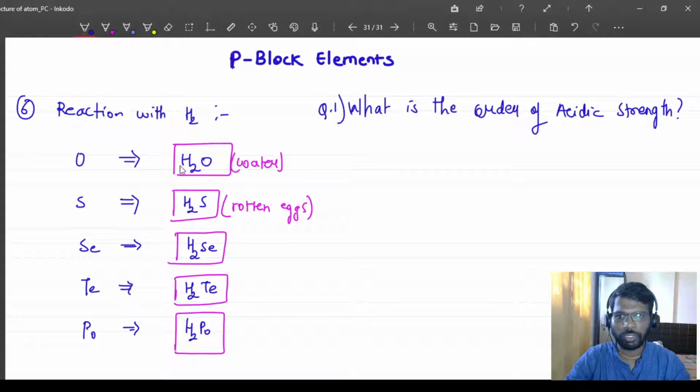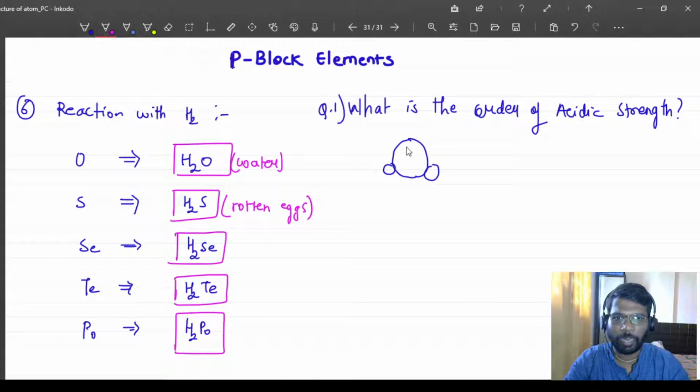Now, here if you see, the atomic radius increases down the group. If I want to represent oxygen, this is the oxygen atom, and this will be a hydrogen. Let's say this is oxygen, and these will be the two hydrogens connected to it, and you can see that the bond length will be from here to this.